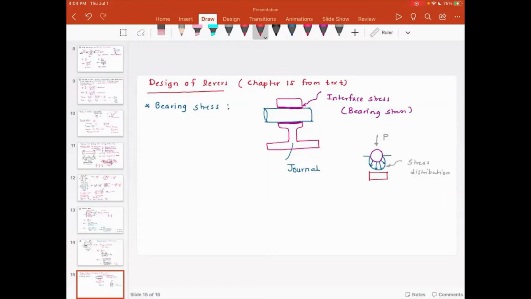So what we look at is the projected area. This is the rod, and this rod is supported in a journal.